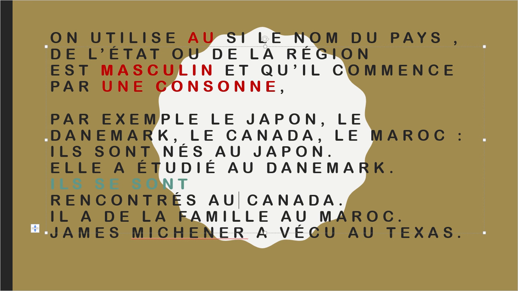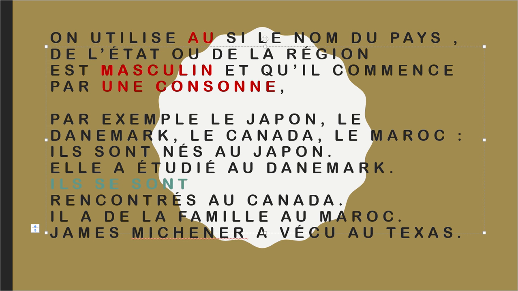I said in the beginning of the lesson itself, we use à as "to" or "at" or "in". Here we are using it as à plus the article le. "In the Japan". Ils sont nés au Japon. They were born in Japan, but in French we use "in the Japan".